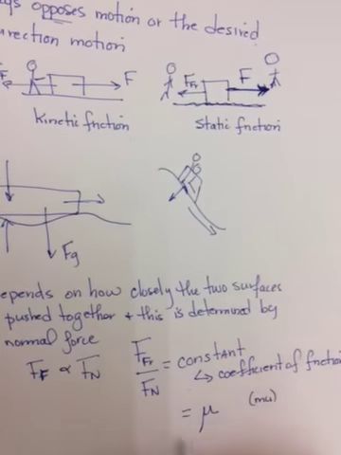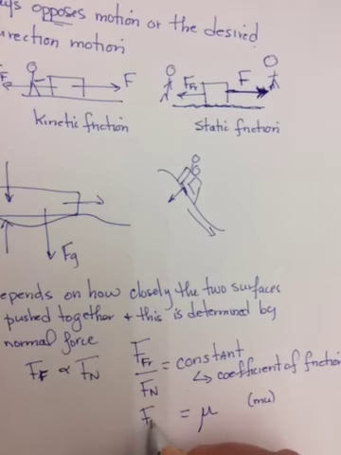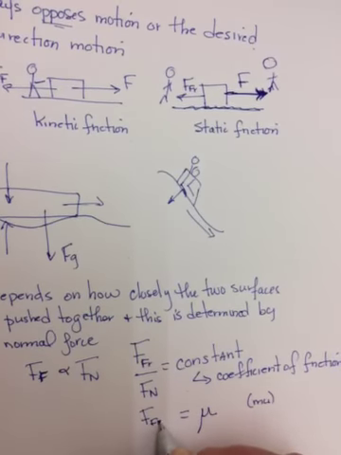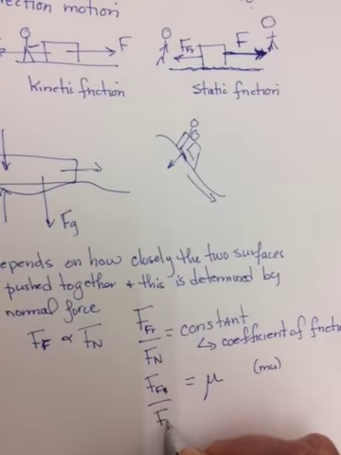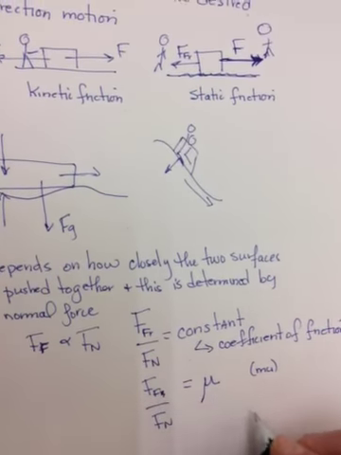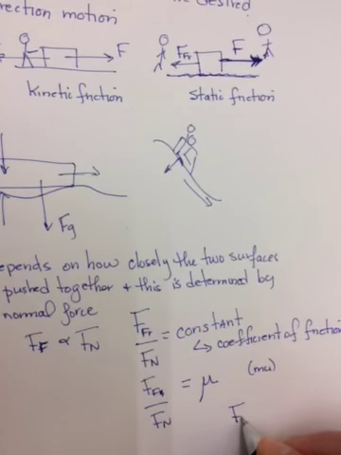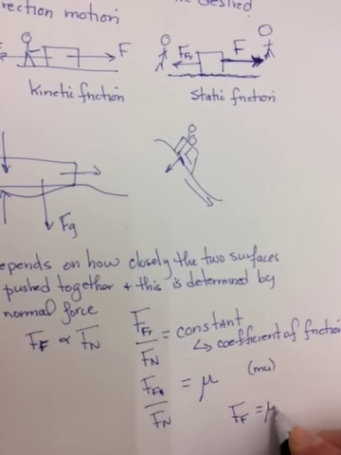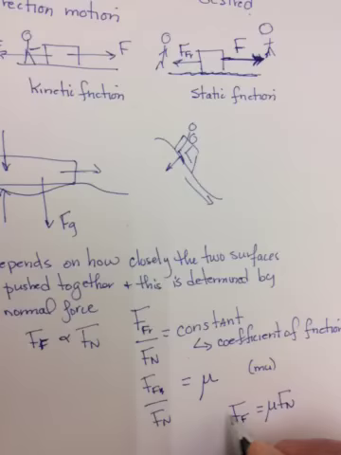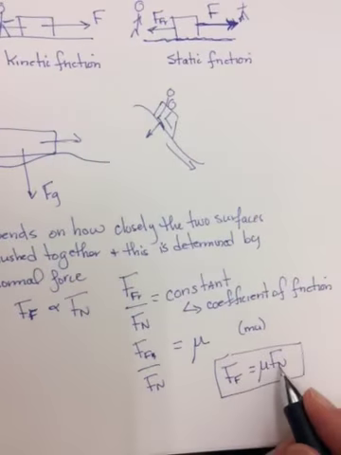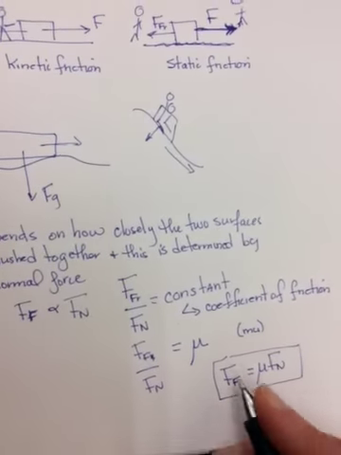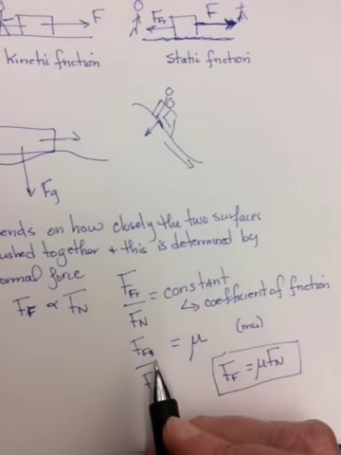It's the same symbol that we use for micro in units for the metric system. And so our equation, we don't usually write it like this. We usually write it as friction is equal to mu Fn, where mu is the coefficient of friction. Okay, Fn is the normal force, and friction is Ff.